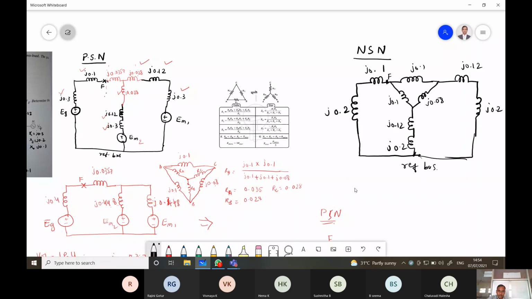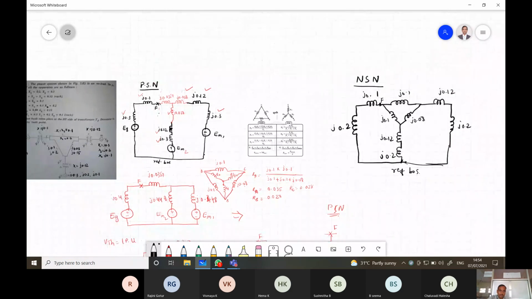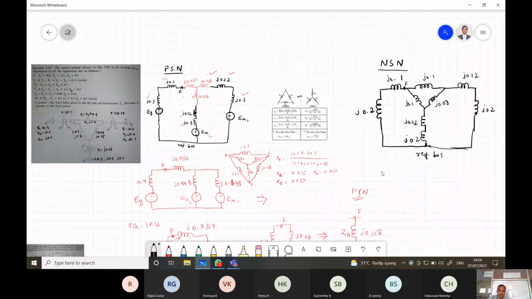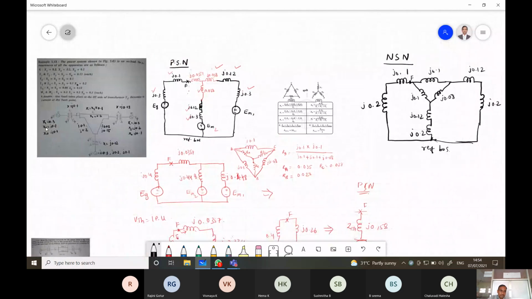According to the diagram, for the generator X2 is J0.2, so 0.2 we have written. Transformer, this is common J0.1 only. For all the transformers it will remain the same as it is.